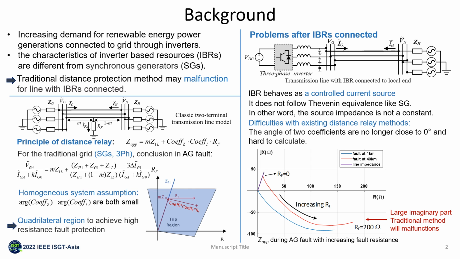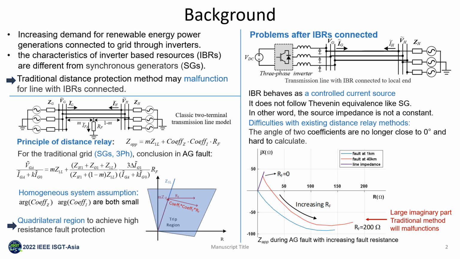Consider a classic two-terminal transmission line model, with a circuit breaker at terminal G. The basic principle of the distance relay is that the apparent impedance is composed of line impedance and fault resistance corrected by coefficient Z and coefficient I. For a traditional grid without IBRs, the apparent impedance equation is as follows.